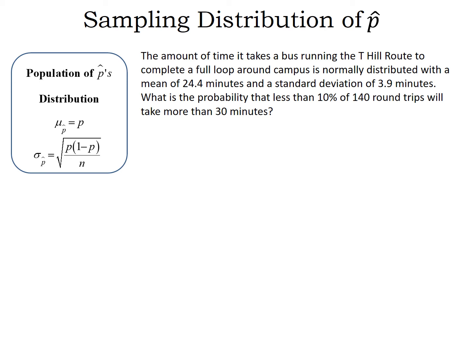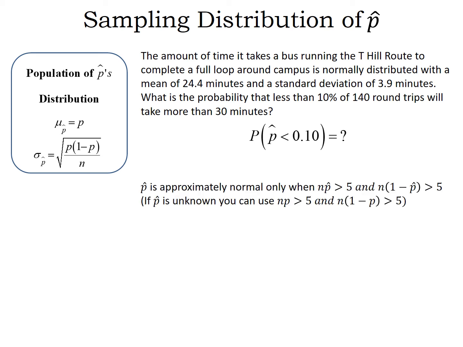Those 140 round trips are a sample, and 10% equates to a proportion of 0.10. So this is asking for the probability that p hat is less than 0.10. We have to check our conditions. If we meet the right conditions, p hat will be approximately normally distributed, and we're good to go.